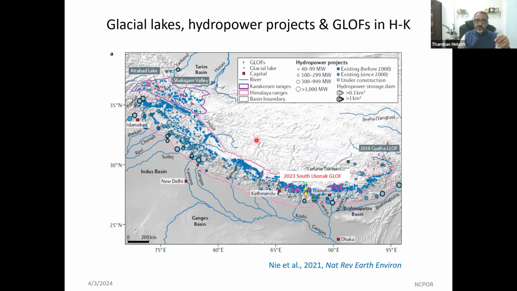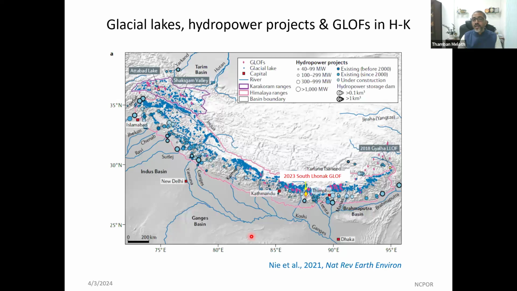In this case also, again, we lost a hydropower project. Several hydropower projects do exist along this region, and they are continuously increasing because there is a large amount of potential to harness these rivers for the power requirements of the growing population.